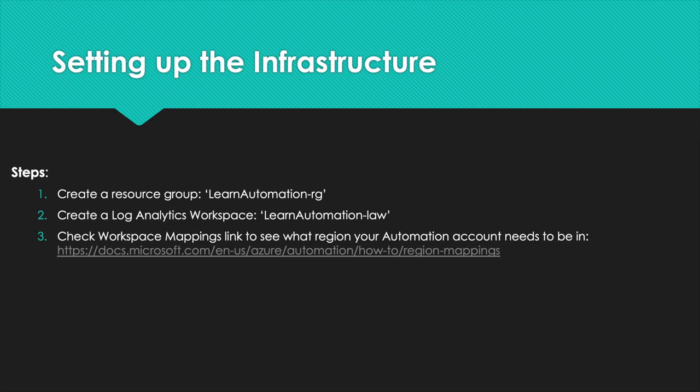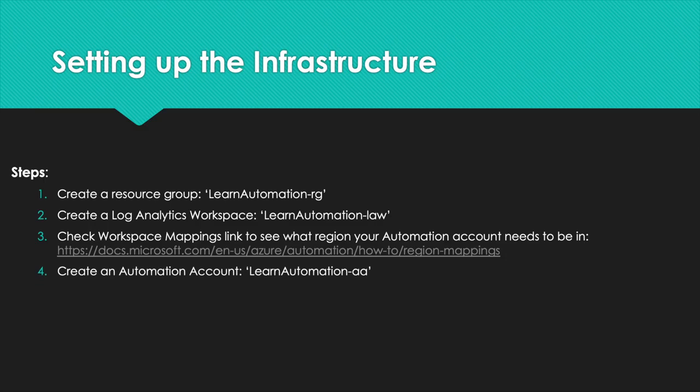There's actually a very specific connection between what region your log analytics workspace is in and what region your automation account is in. Most of them match up like for like, but I have noticed that on a number of different occasions, these mappings will need to be very specific. So please take a look at that before you move forward, so that you know that your connections will all work for you.